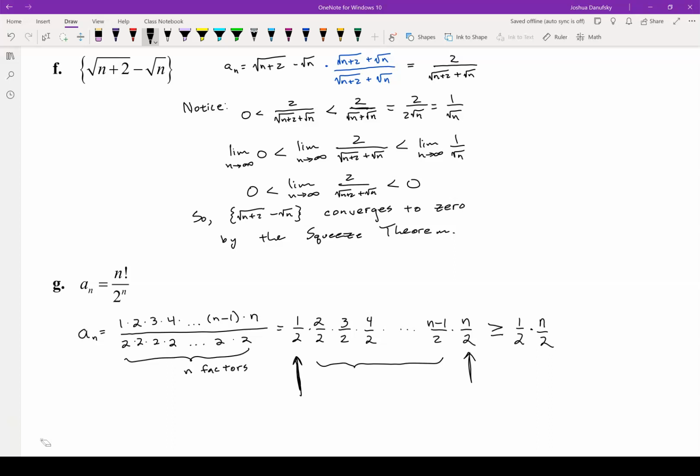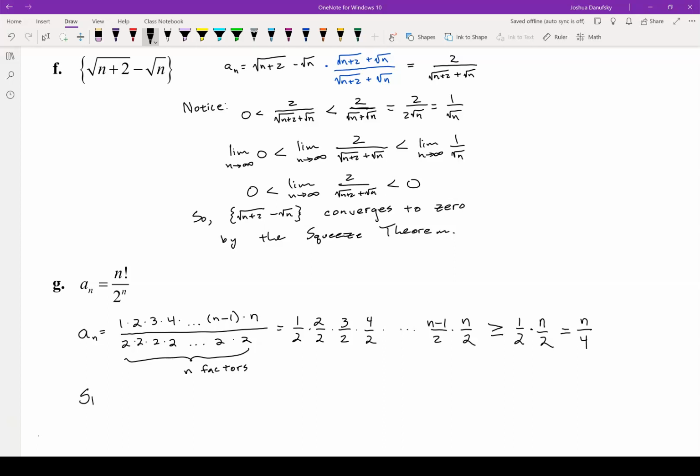In other words, if you just take the first and last factors of the left-hand side, that product, which I've written here, has to be less than or equal to the left-hand side. This, of course, equals n over 4.